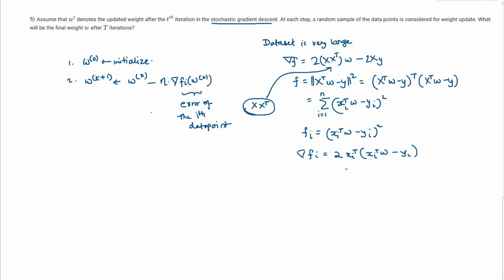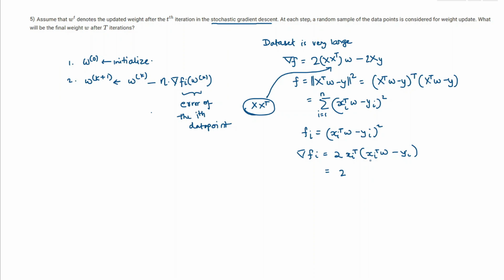So the gradient would be equal to 2 times... okay, all of them are scalars, so the y_i's are all scalars, right?